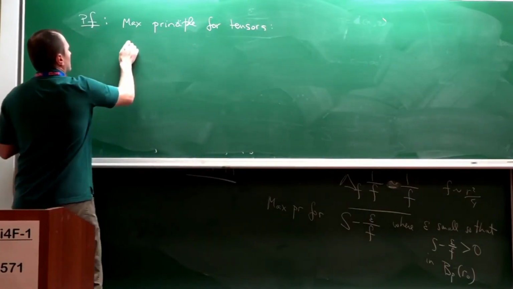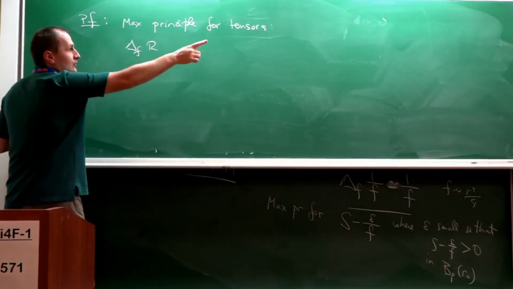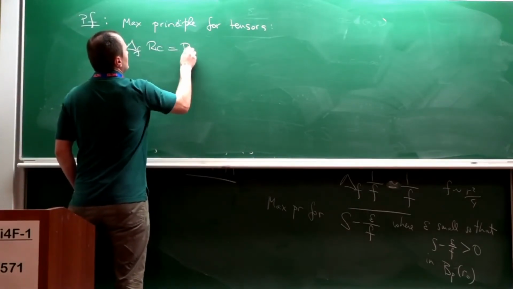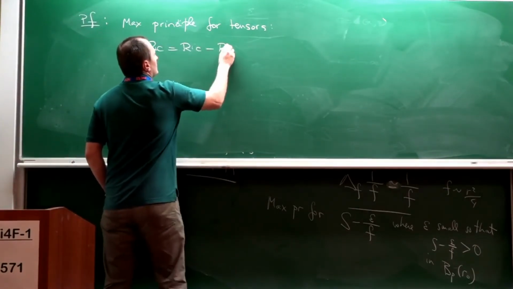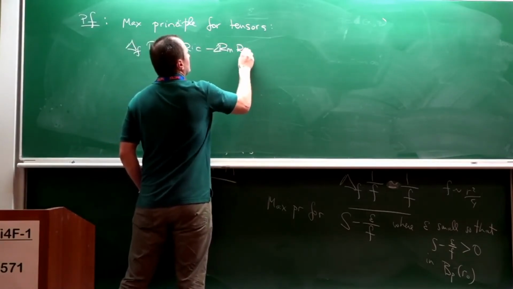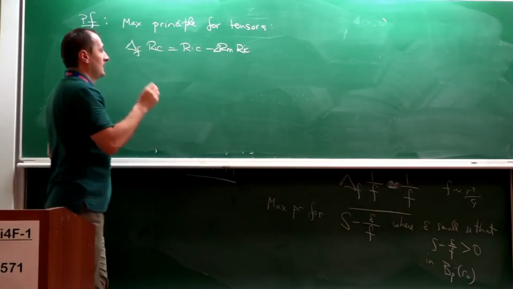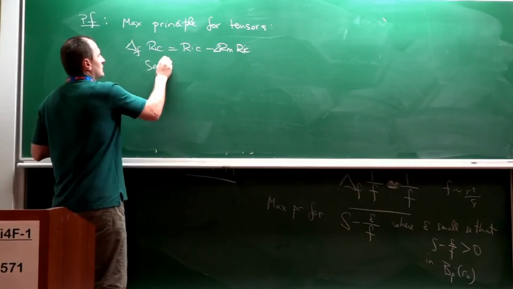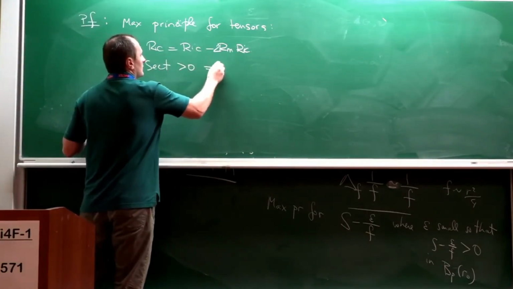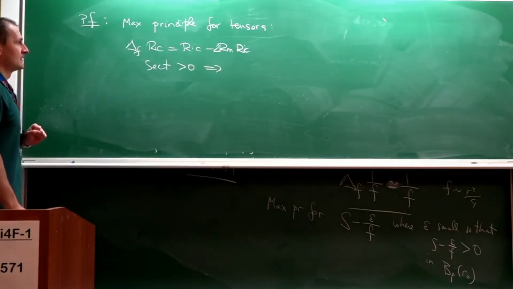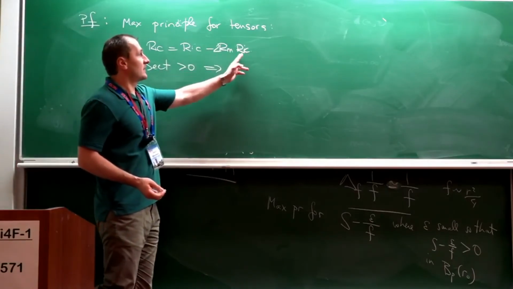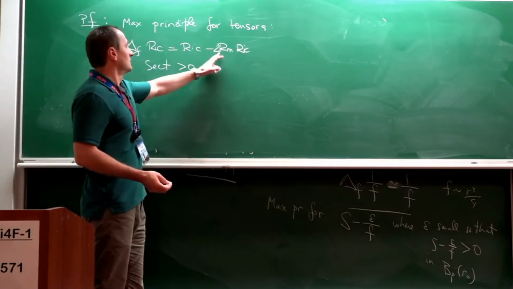I saved the formula over there, so I know that the Laplacian of Ricci is Ricci minus Riemann Ricci. And I know that the sectional curvature is positive. So it's not hard to see that then you can drop this term because it will be positive.